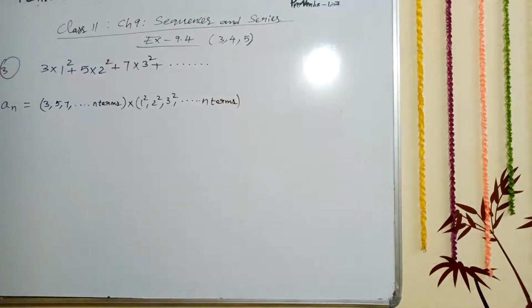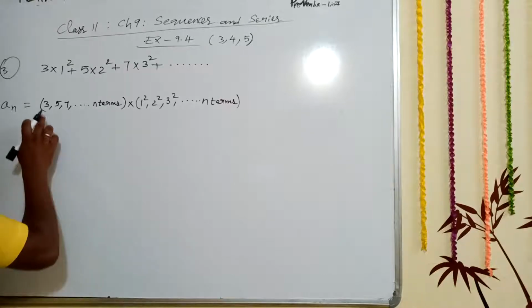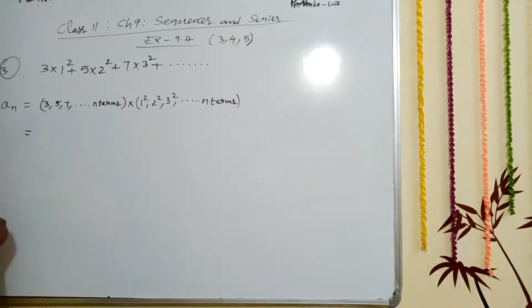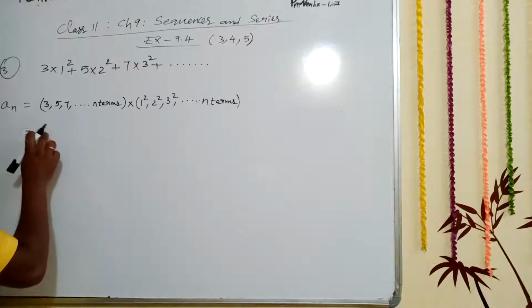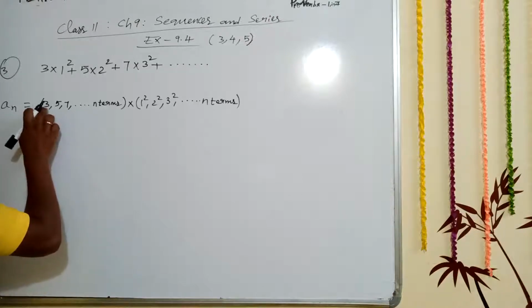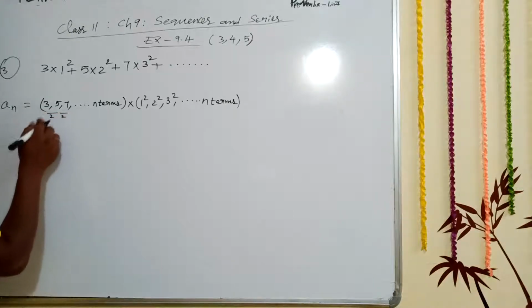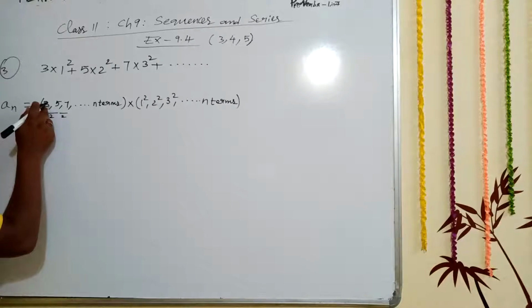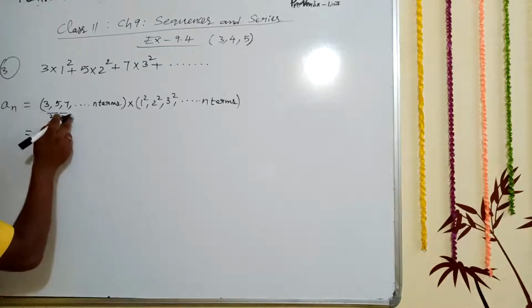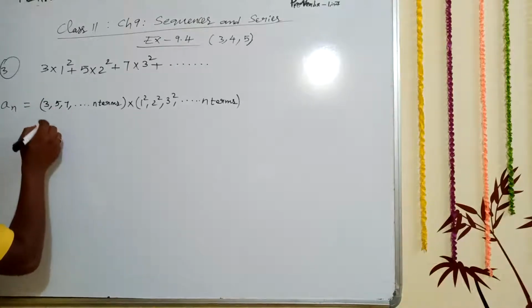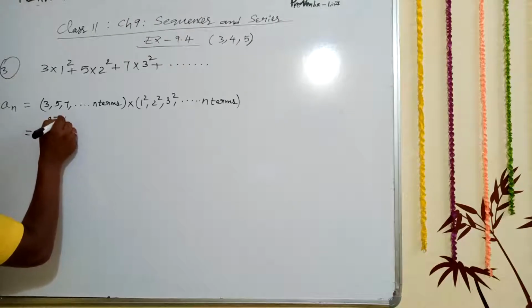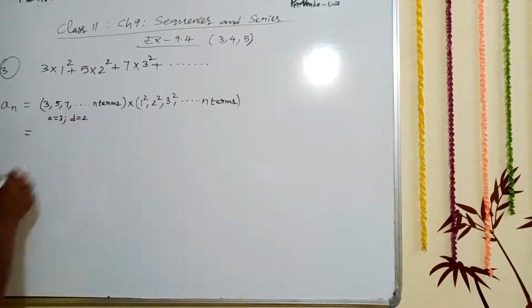Now see what I am going to do from this. Here it is 3, 5, 7. What is the common difference here? 2, here also 2. So D is equal to 2 and A is equal to 3.